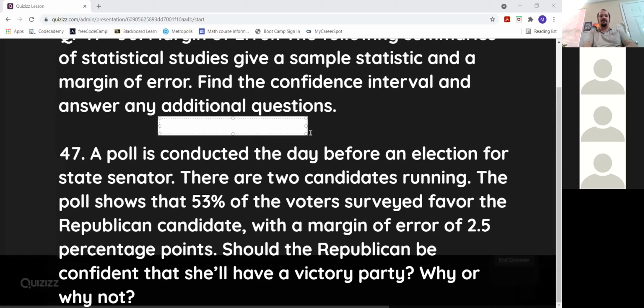So what is my margin of error? What is the confidence interval? The confidence interval is what you're getting from using this 53% and this margin of error.